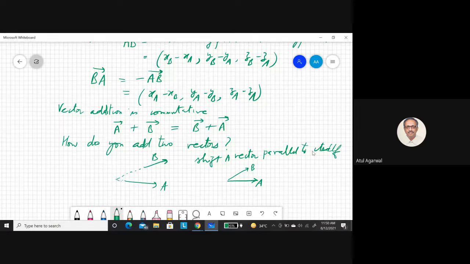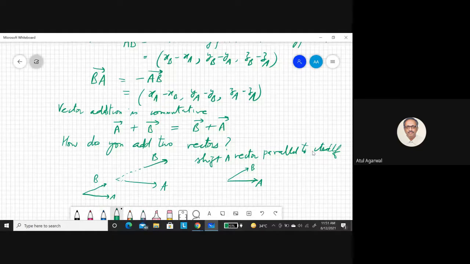So both of them are intersecting here. That is what I prefer. So basically, instead of showing it there, I am showing it here.